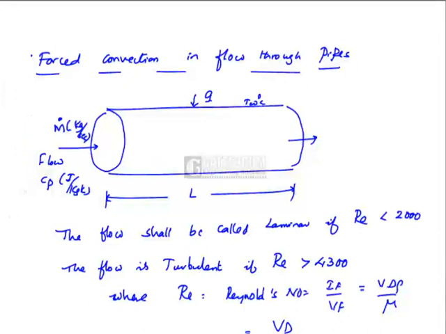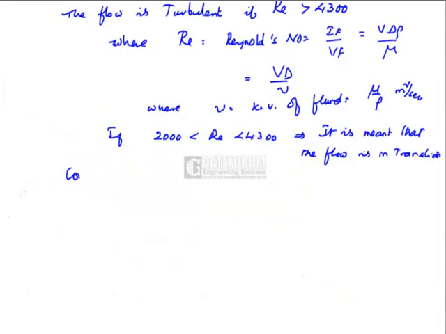Whereas in the case of flat plates, for the flow to be called turbulent, the Reynolds number should cross 5 lakhs, 7 lakhs, 5 to 6 lakhs, the transition would begin. Up to 5 lakhs, the flow is laminar. Therefore, I could say that the flow would easily become turbulent in the case of the flow through ducts or pipes.